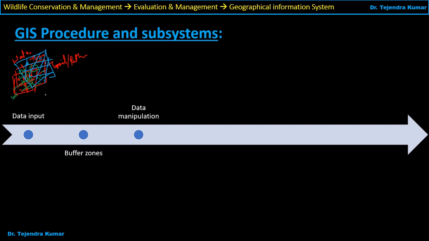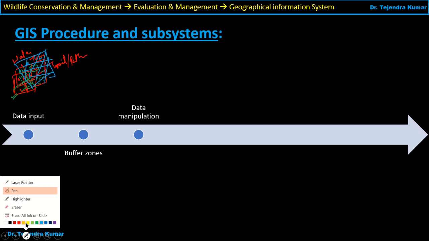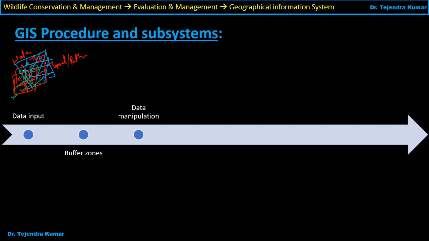And what will happen in this way continually, we will analyze how the different systems are interconnected. Likewise, now this is one segment, or one pixel or one segment is there.